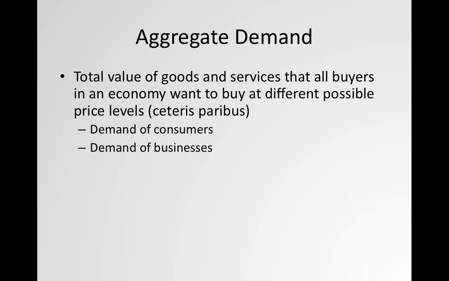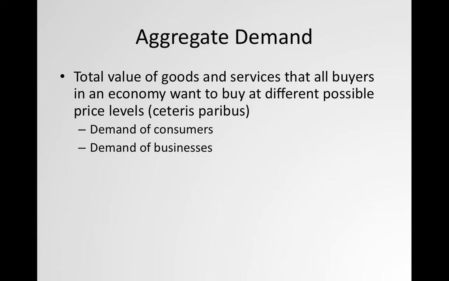If you think about it, businesses buy a lot of the same things consumers do. Businesses buy things like computers or desks or carpet or cars. Go into any office building, and you're going to see things that you will also see in homes. A lot of businesses have refrigerators so employees can store their drinks.